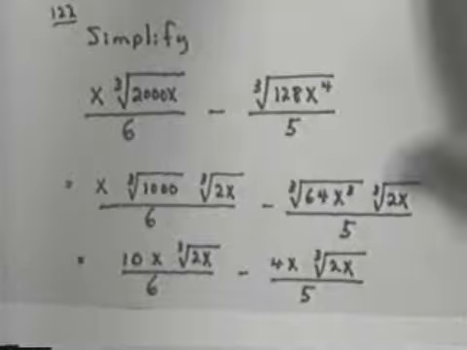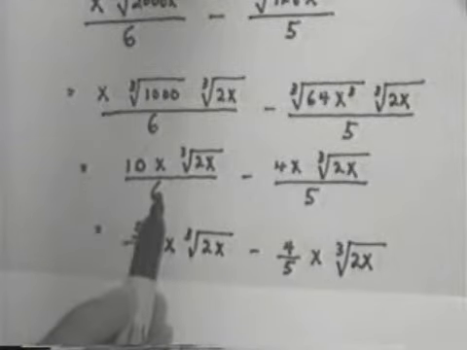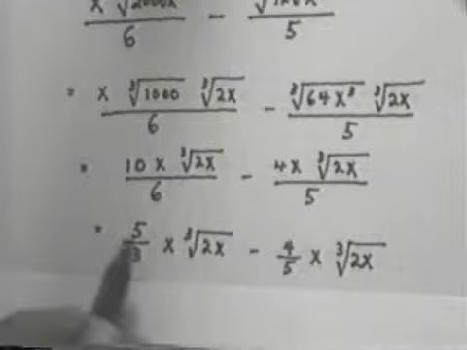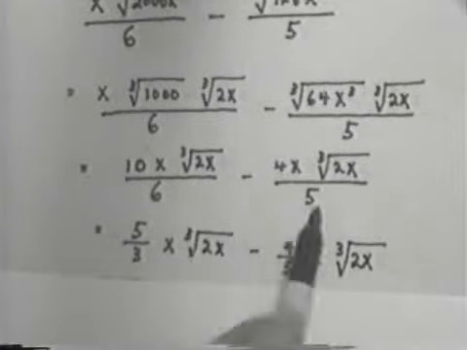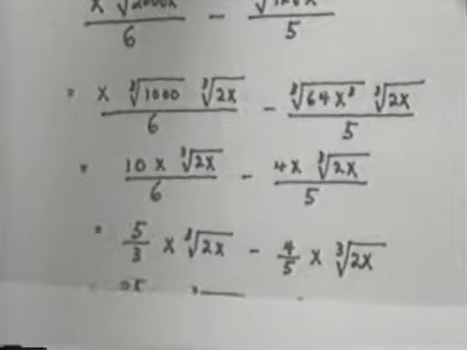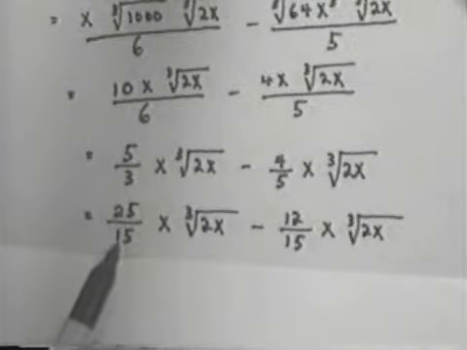But before I combine them, I do need to get the common denominator. The first step toward doing that would be to reduce 10/6 to get 5/3. I just copied everything else the same. So I have 5/3, I just have the x, I have the cube root of 2x. The 4/5, the x, cube root of 2x. The common denominator between 5 and 3 is 15. So I express both of my coefficients having denominator 15. 3 goes in 15 5 times. 5 times 5 is 25.